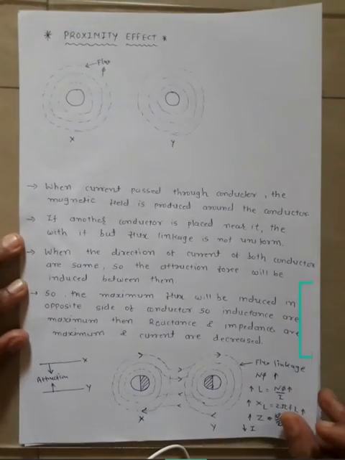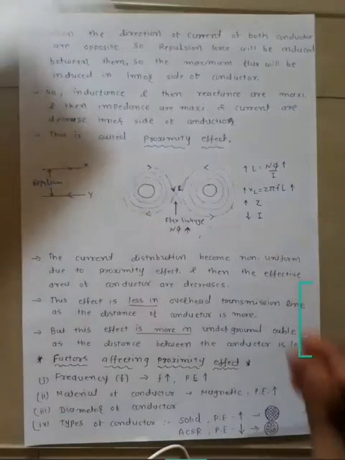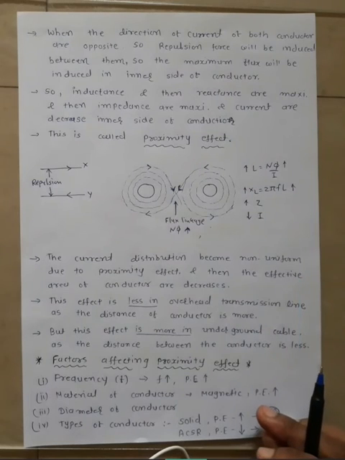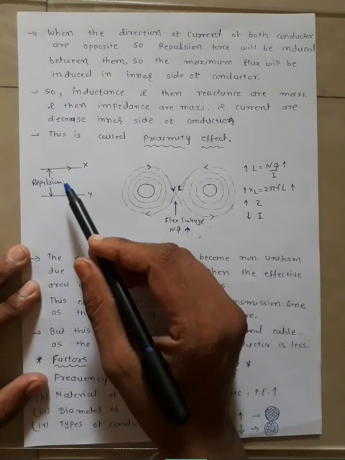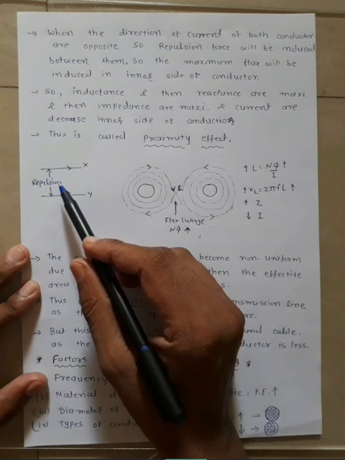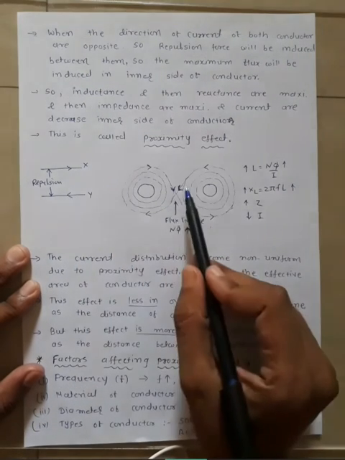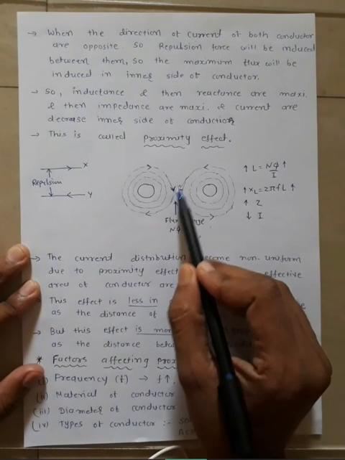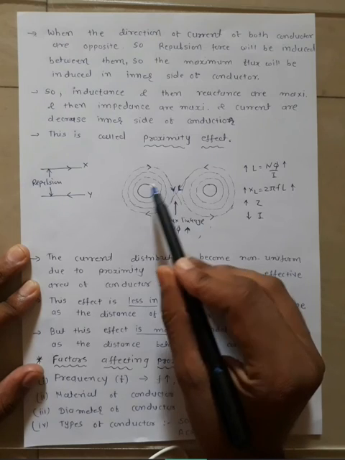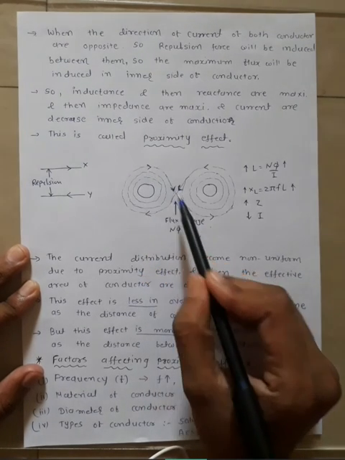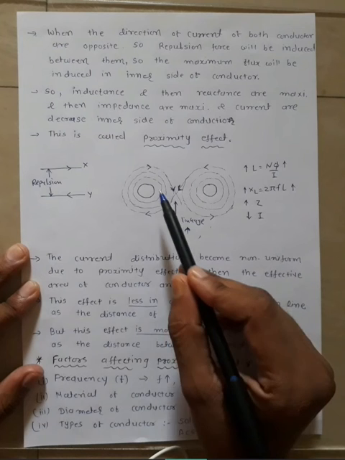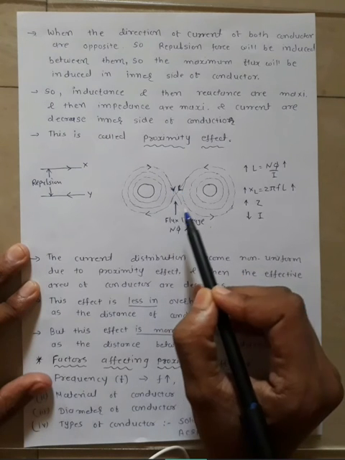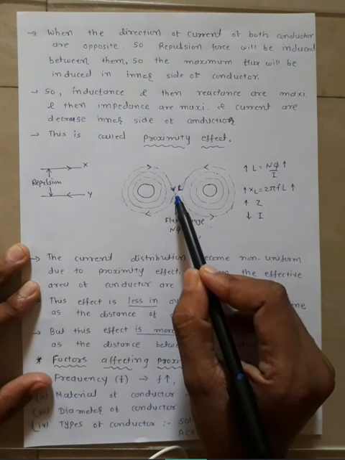When the directions of current in both conductors are reversed, a repulsion force is induced between them. So the maximum flux is induced on the inner side of the conductor, and the flux linkage is maximum there.